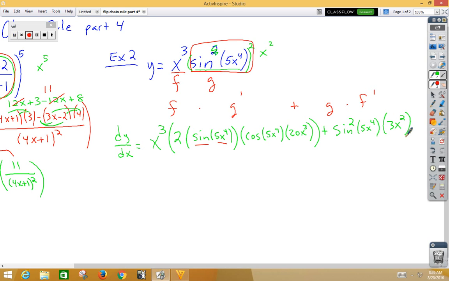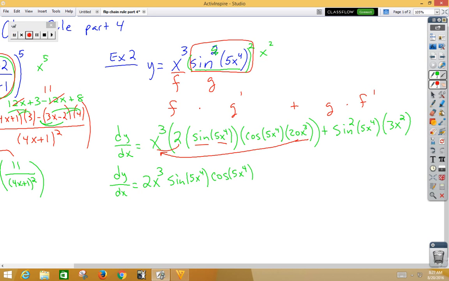At this point, I would probably clean this up just a little bit. dy/dx is equal to, if I multiply those two items together, I get 2x cubed. I've got a sine 5x to the fourth. I've got a cosine 5x to the fourth. Now I've got this 20x cubed in the back. I guess I could have multiplied that originally here. So I'm going to go ahead and do that.